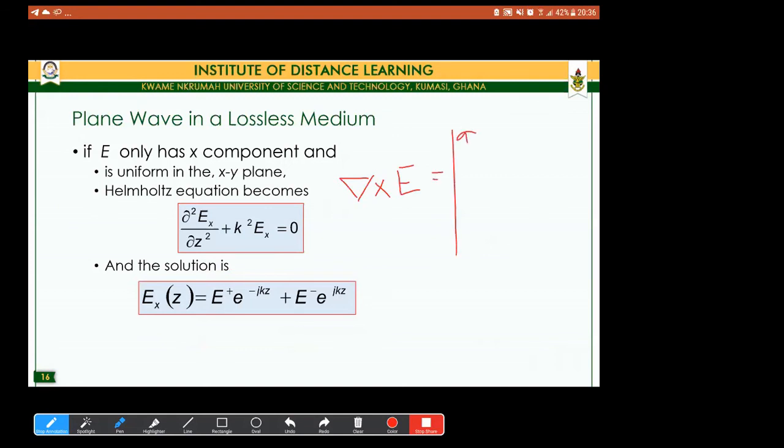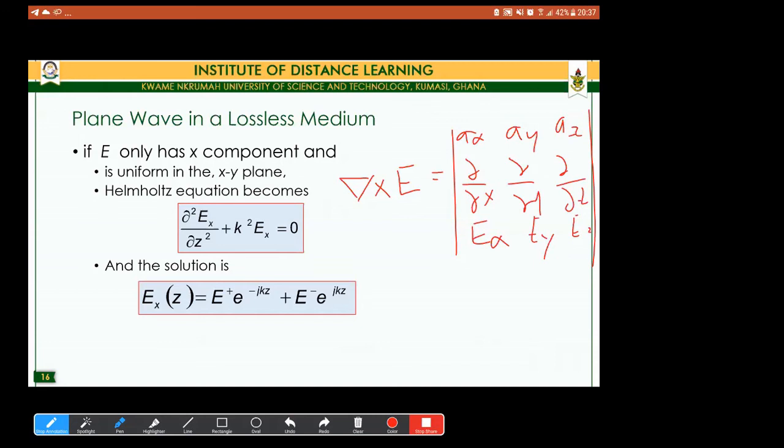It is ax, ay, az, del x, del y, del z, and then Ex, Ey, Ez. So you take this determinant. Fortunately, we are only looking at the variation of what?